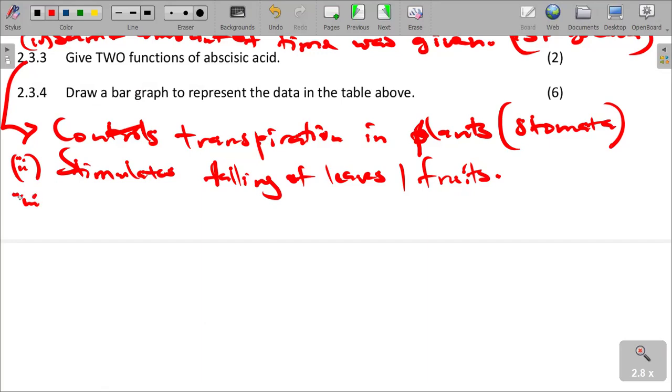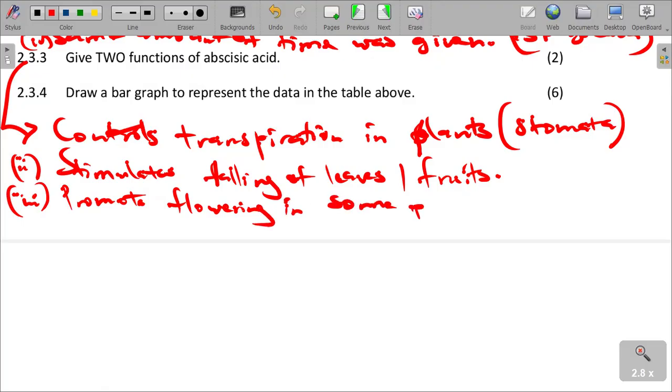We can also talk about abscisic acid promoting flowering in some plants. Some plants do flower because of abscisic acid.